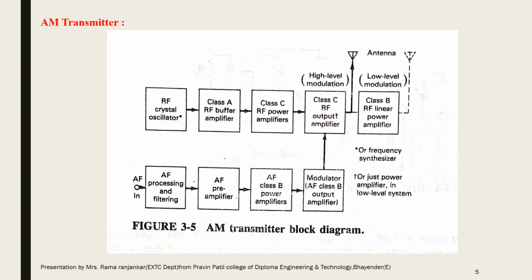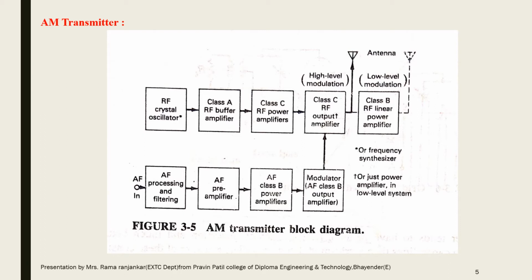For the high level modulation, the class C amplifier is connected towards the carrier side itself. The carrier signal is provided by the buffer amplifier, so the output of the buffer amplifier is connected to the class C amplifier.